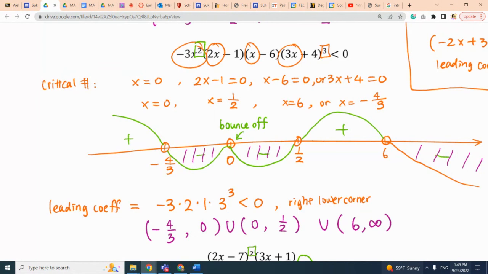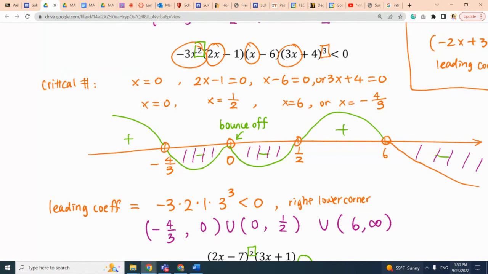Leading coefficient. Look at it's -3. See, -3, and then 2, and then 1, and then 3 cubed. Yes, everybody. That's why this is negative.